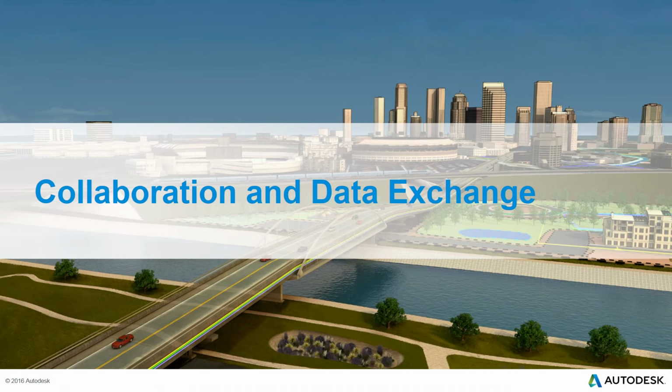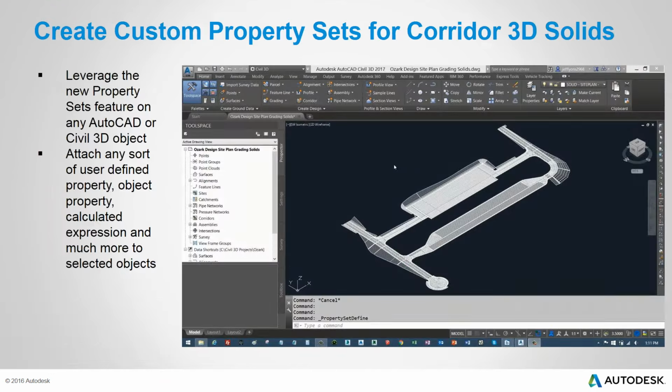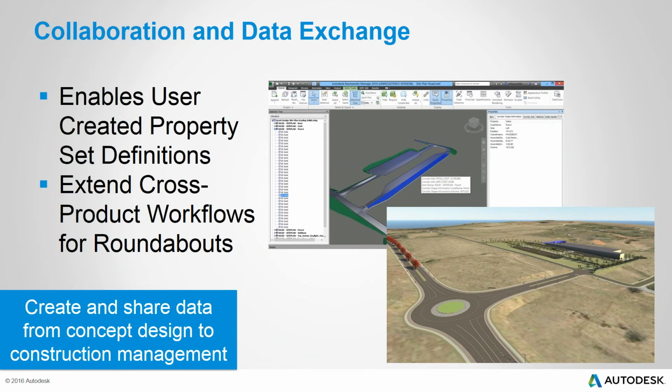So our fourth and last category is collaboration and data exchange. In keeping with the Autodesk Building Information Modelling philosophy, AutoCAD Civil 3D 2017 has continually improved the collaboration and data exchange feature functionalities to support design model interoperability.